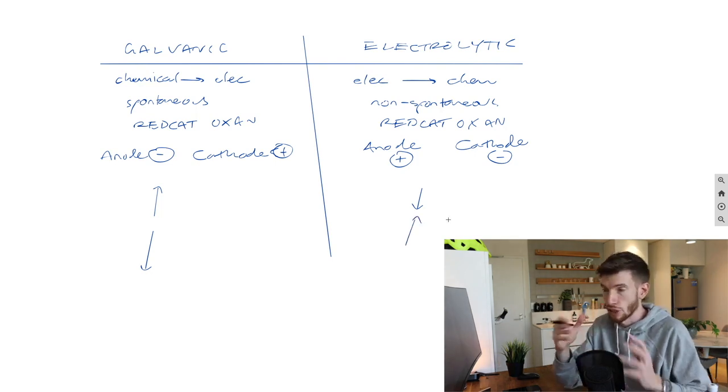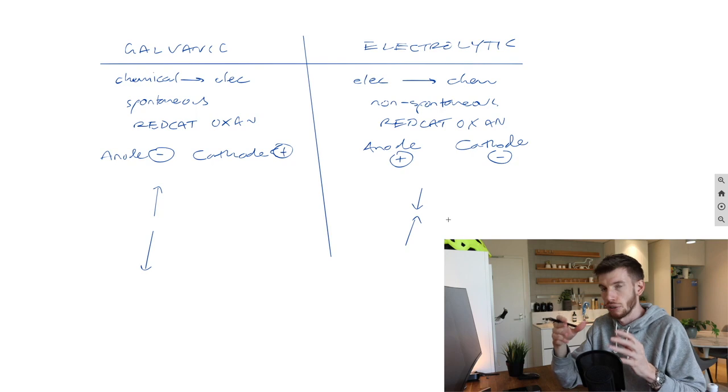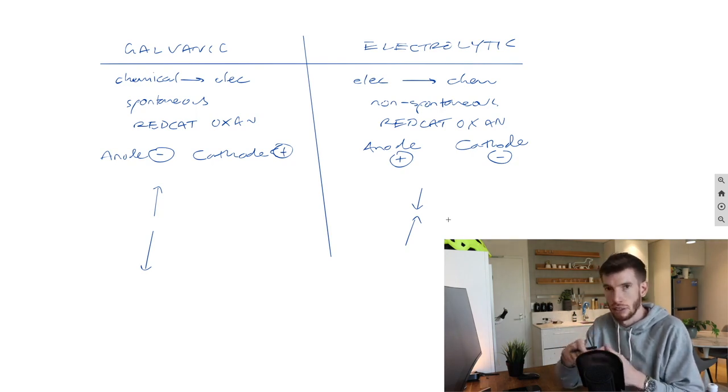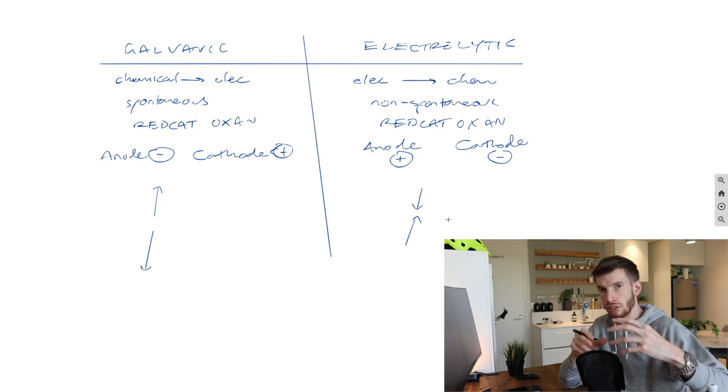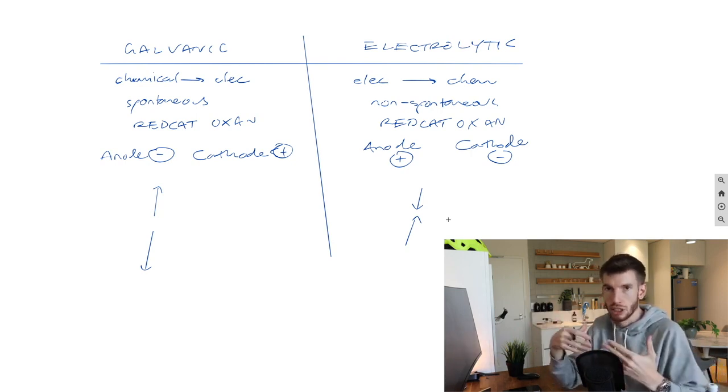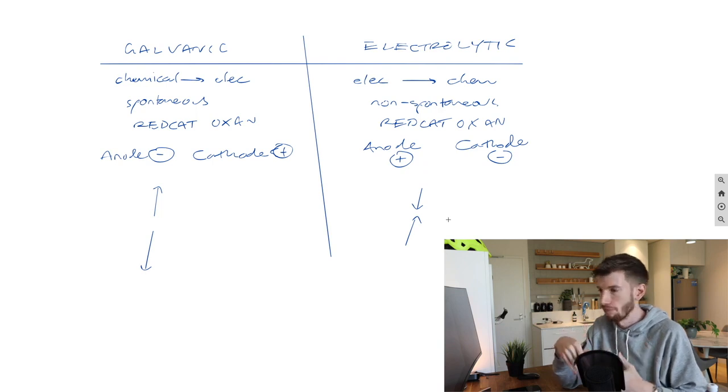Not necessarily visually close together, but having the lowest difference between their two standard potentials, because that's the energy barrier that you have to pay in order to electrolyze something. So if the voltage difference is 1.5 volts, it means you have to put in at least 1.5 volts in order to actually get the electrolysis to happen.